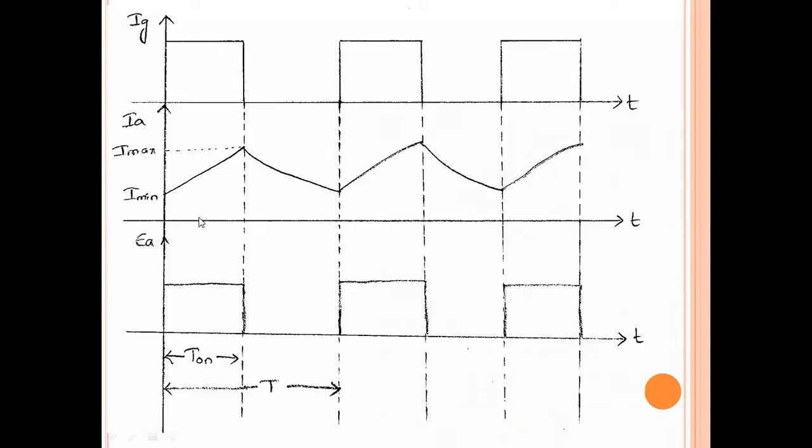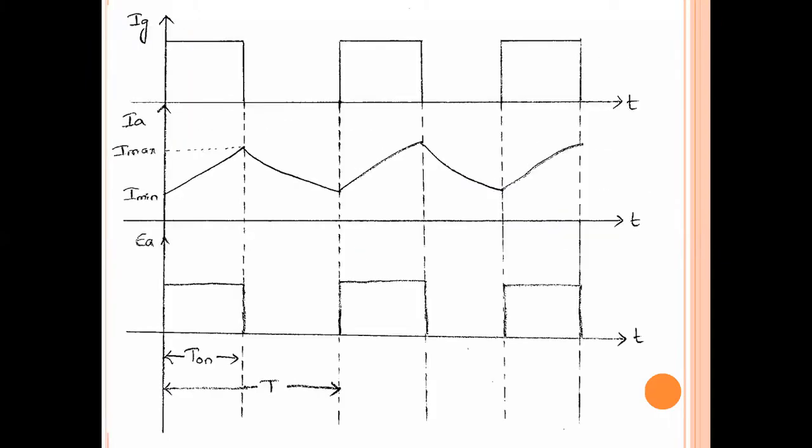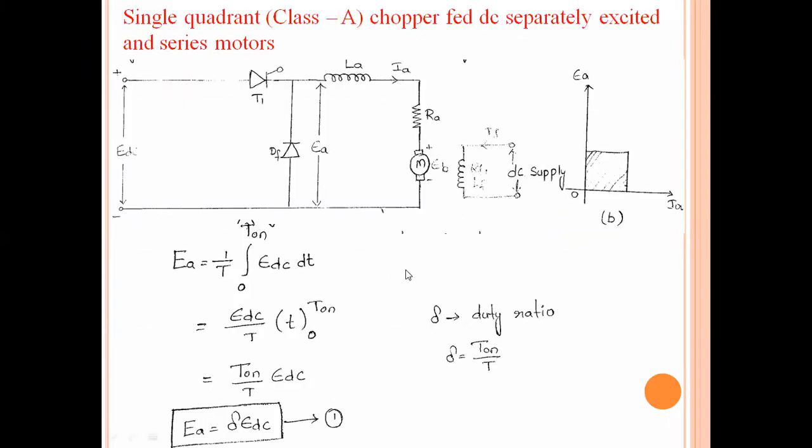So the waveforms, the operation and the explanation will be the same for the separately excited DC motor as well as the series DC motor. Only the change is in the speed torque characteristics.